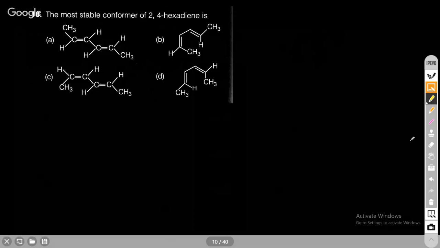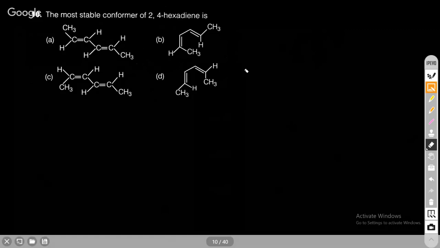Aditya is getting A. Why A? Can you explain, Aditya, Ritvik? Transposition. Yes, correct. In the trans molecule, we have minimum steric hindrance and maximum stability, right?